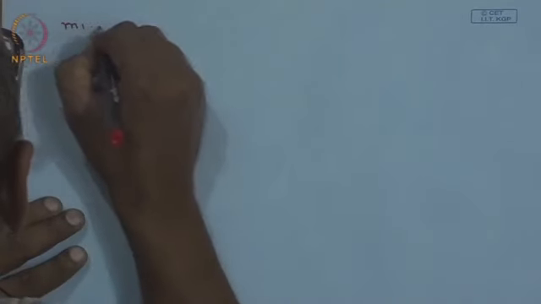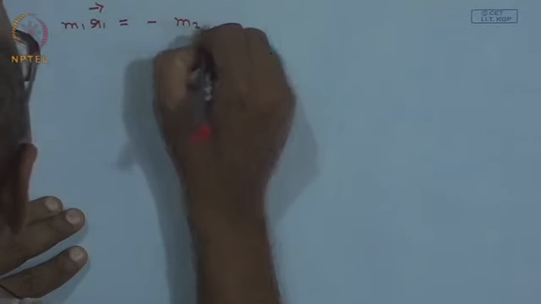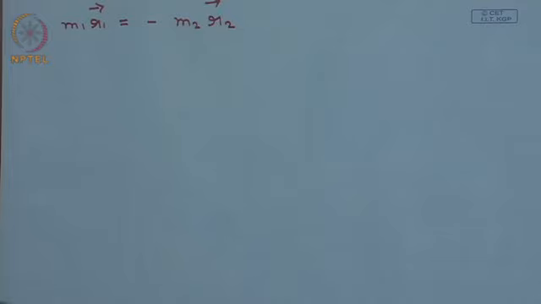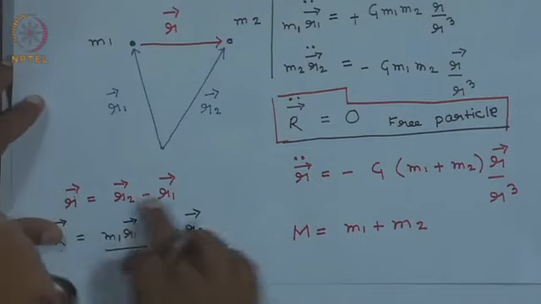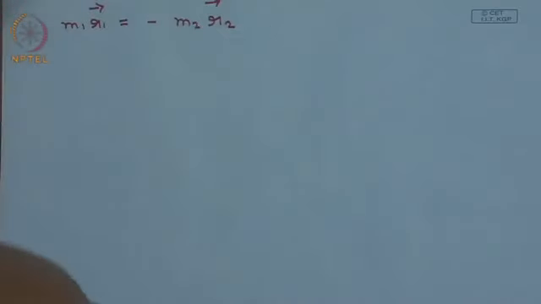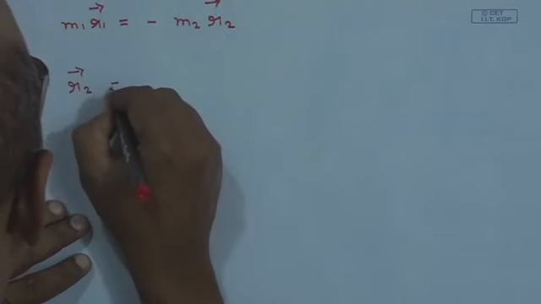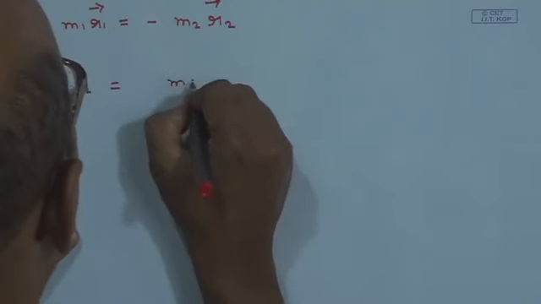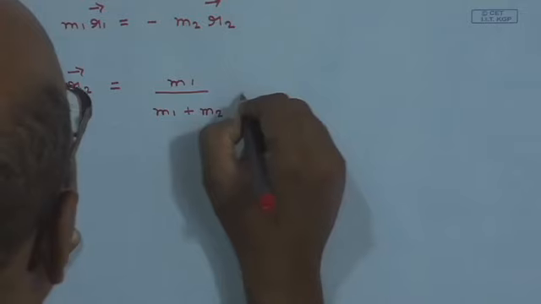So, we have M1 R1 is equal to minus M2 R2, and we can put this into this equation, and what we will get is that R2 is equal to M1 by M1 plus M2 into R.